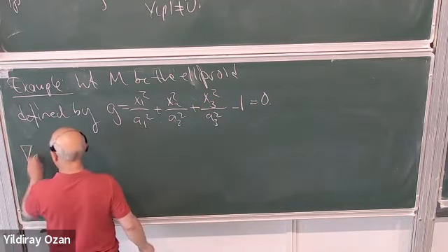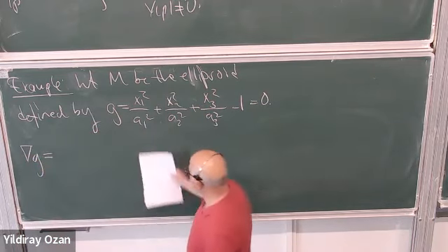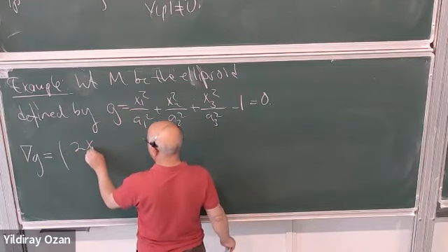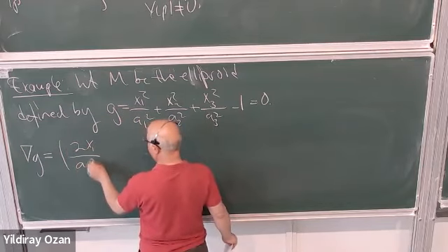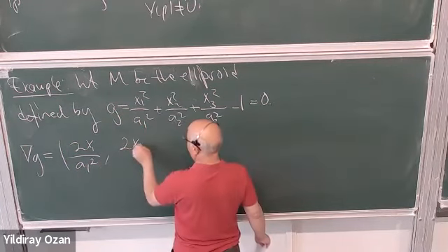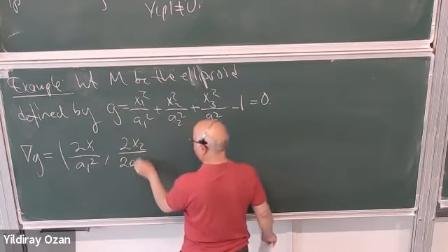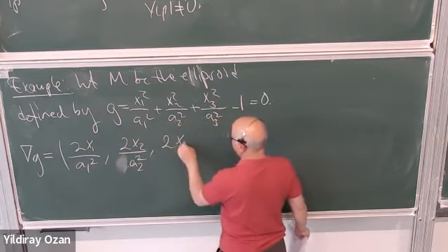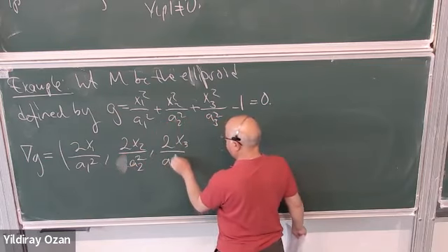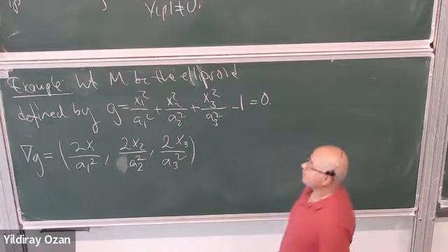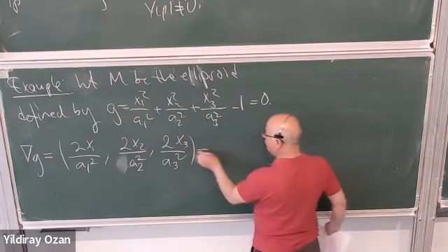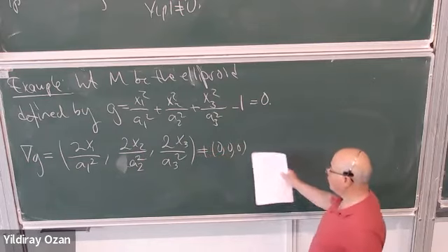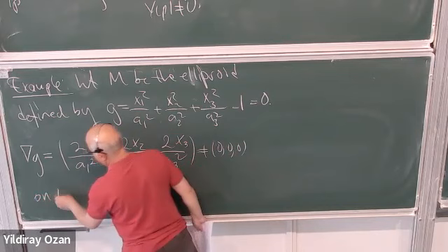What is the gradient of G? The gradient of G is just 2x1 divided by a1 squared, 2x2 divided by a2 squared, and 2x3 divided by a3 squared. This is never the zero vector on M. Why?